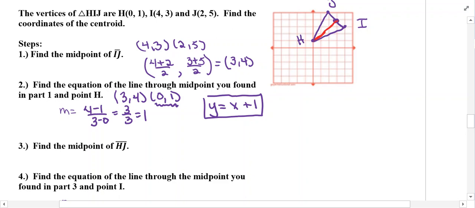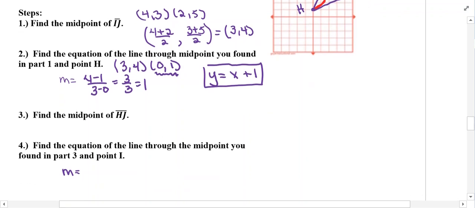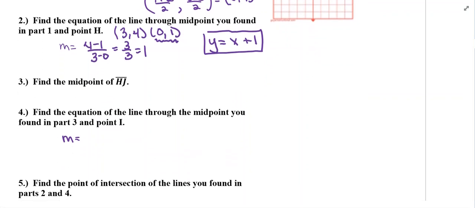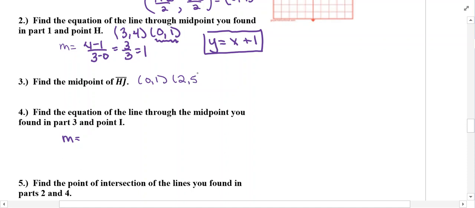Next thing I want you to do is to find the midpoint of HJ. So H is (0, 1), and J is (2, 5). So average the x's, average the y's.